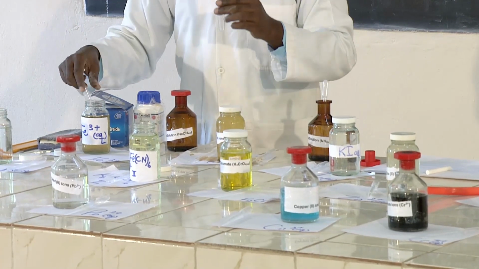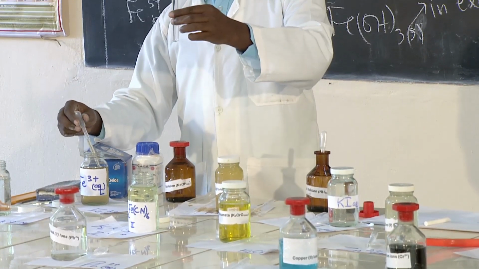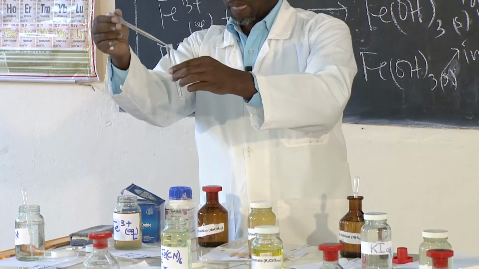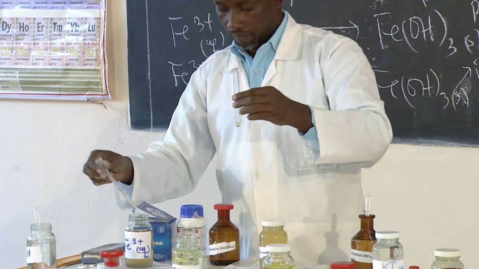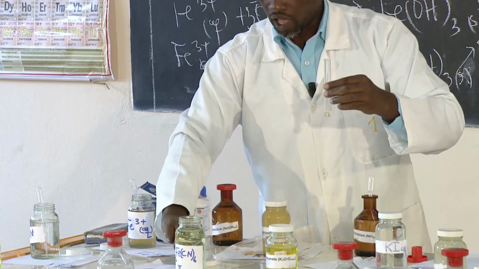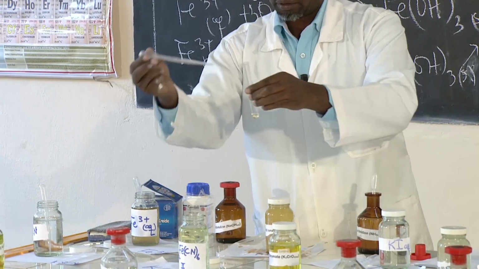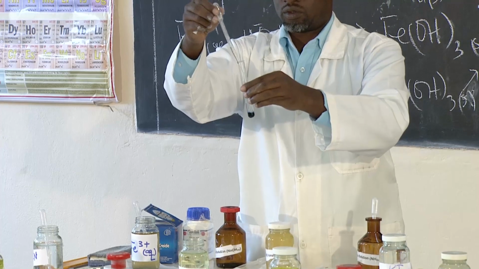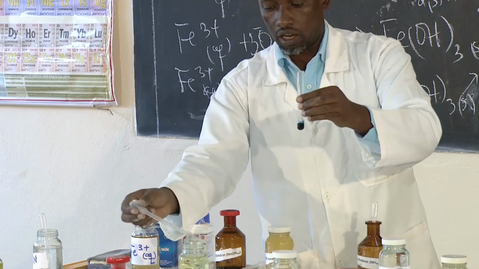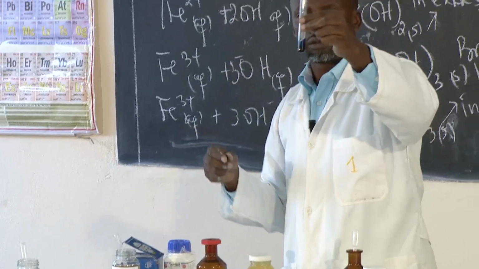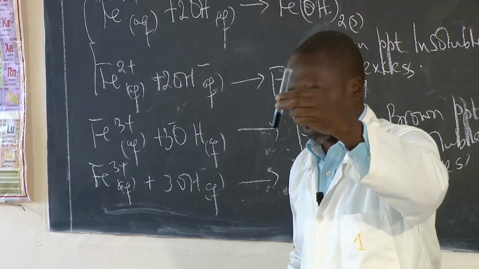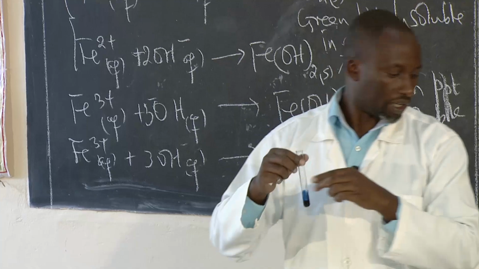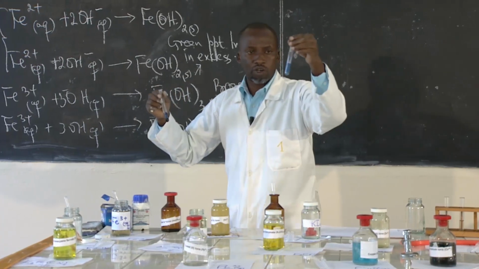Now we go to iron 3. Some few drops, as I said earlier. Then add. Very interesting color. So this is a dark blue precipitate. Dark blue precipitate. See what happens with iron 2?